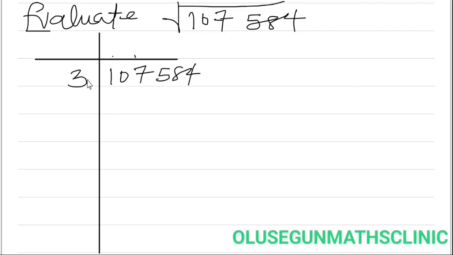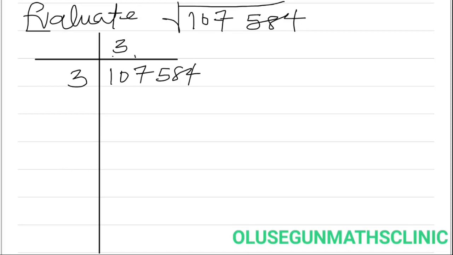It is 3 that can go. 3 in 9, remain 1. 3 in 15, 3 in 10, we have 9 to remain 1, in 16.